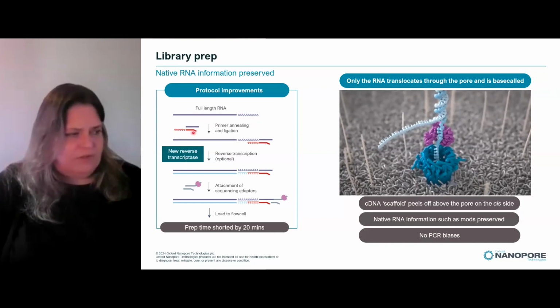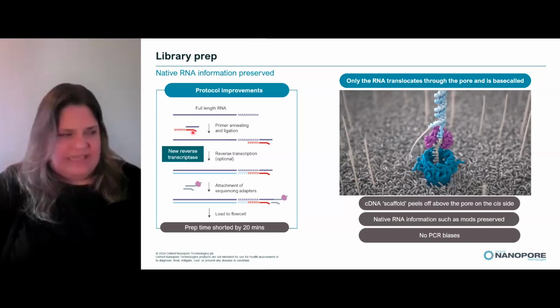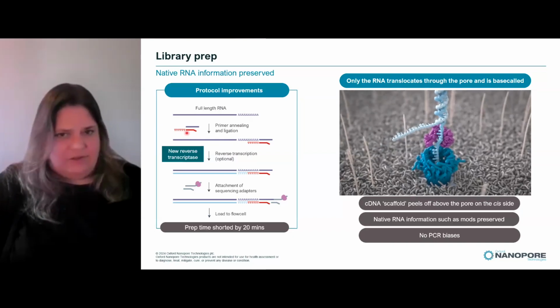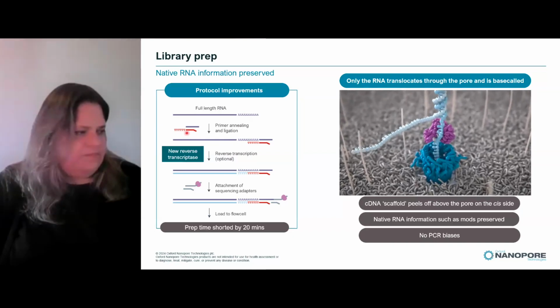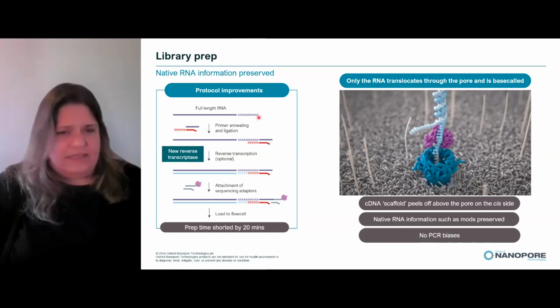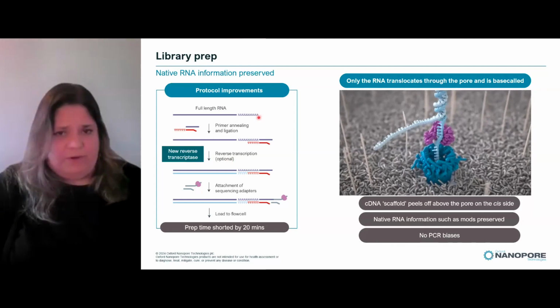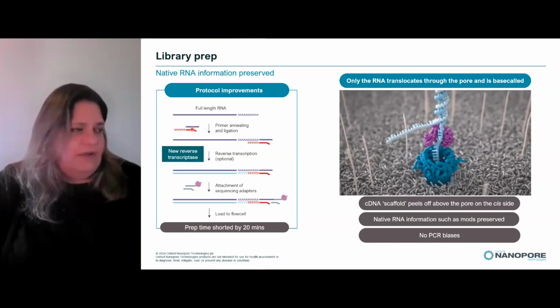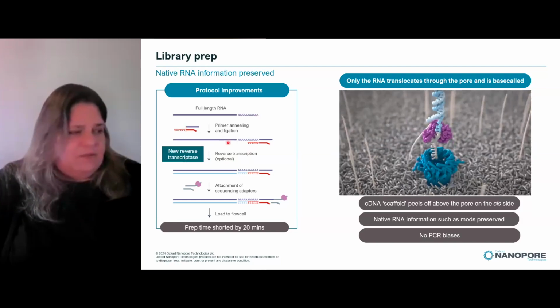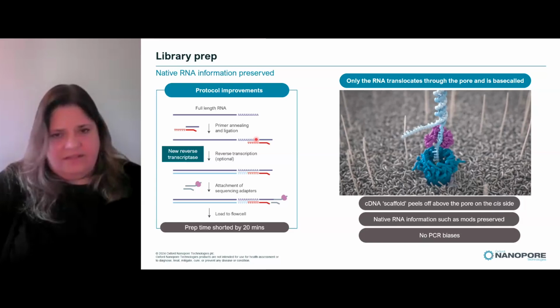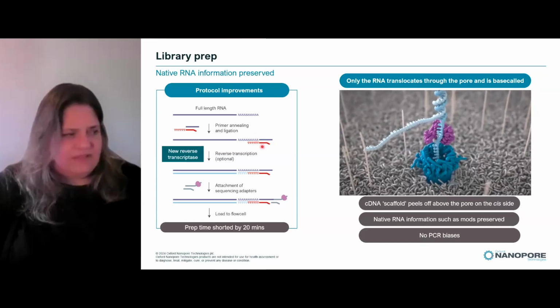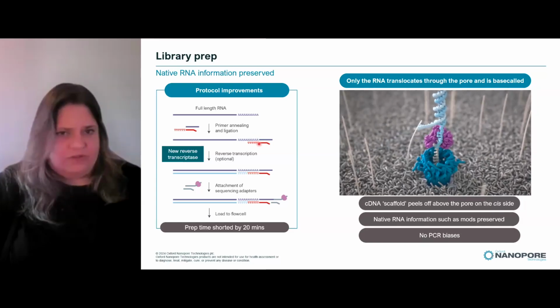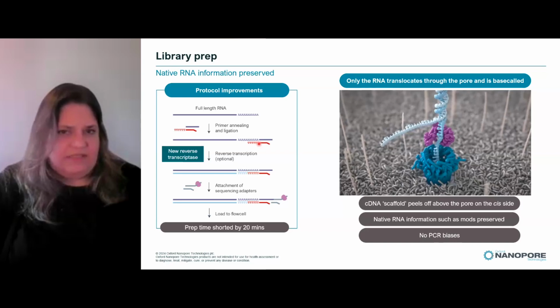We have a reverse transcription adapter, or an RTA, which has a poly-T overhang. This will anneal to any polyadenylated 3' transcript, long non-coding or messenger, for example. We ligate this to the 3' end, and this allows us to then start reverse transcription downstream of the poly A tail.